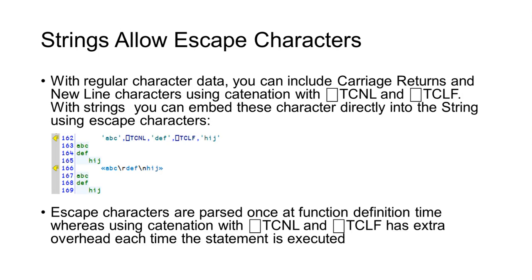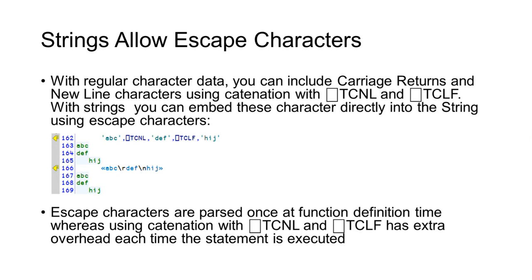Each of these escape characters starts with a backslash. So it's a backslash R for the return character, which is represented by TCNL, and the backslash N, where the terminology is a little confusing. In APL, we use quad TCNL for the return character, and the TCLF is actually called a new line character.